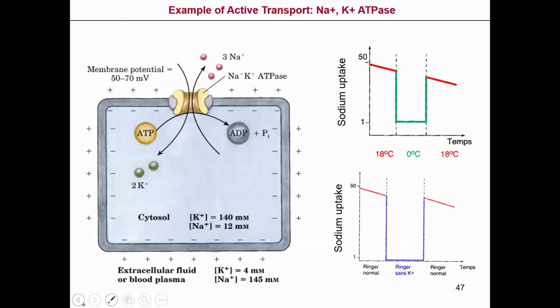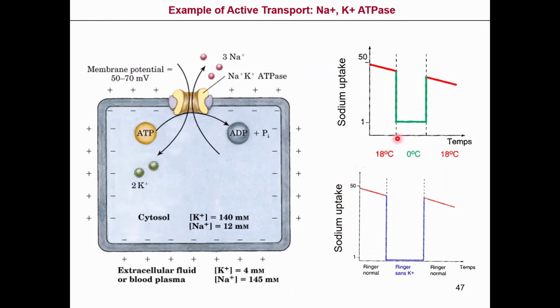So the first example of primary active transport is the sodium-potassium ATPase. When we see the sodium uptake, it depends on the temperature and it depends on the presence of potassium. So if you don't have any potassium, the sodium cannot be transported.